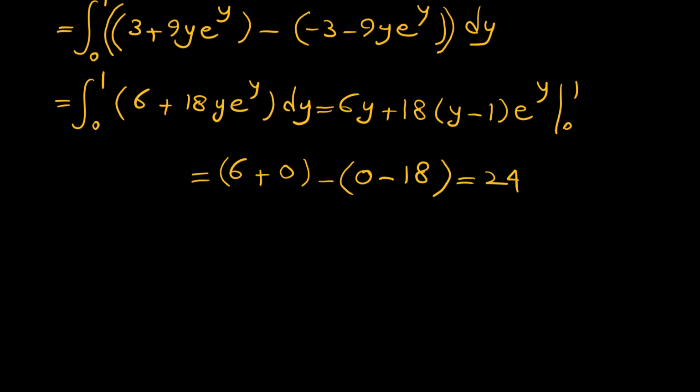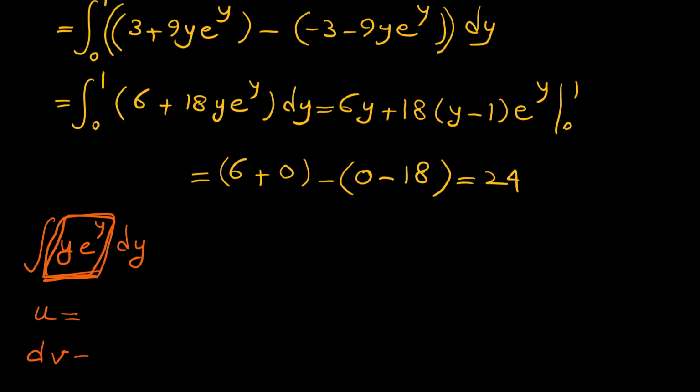Now let me explain how we can find the integral of y e to the y dy with the integration by parts method. If you remember, in the integration by parts method, we suppose part of this expression, part of the function u, and the other part dv.